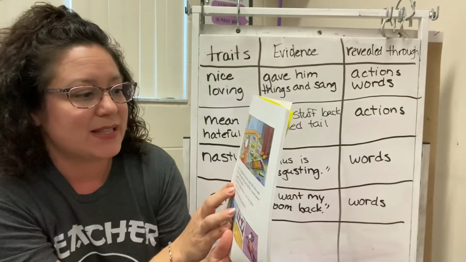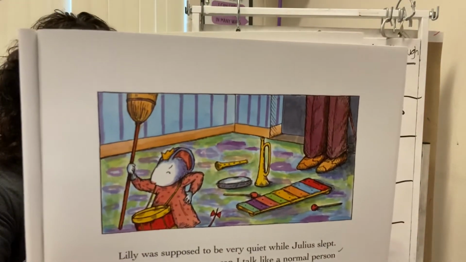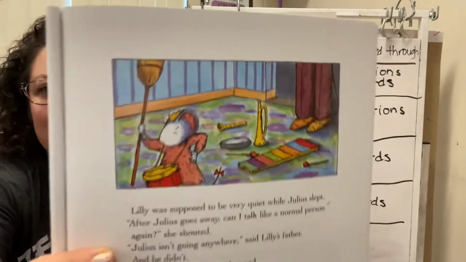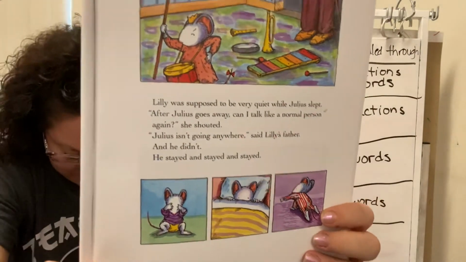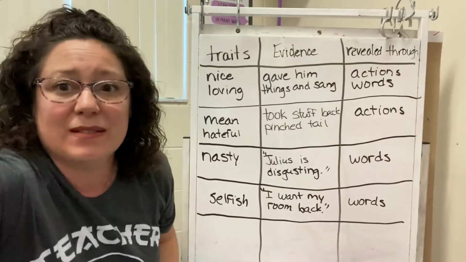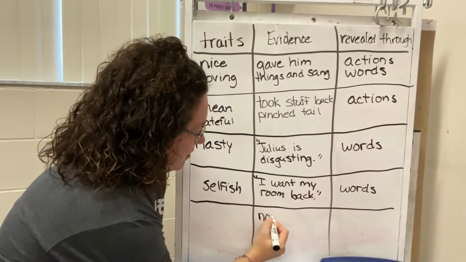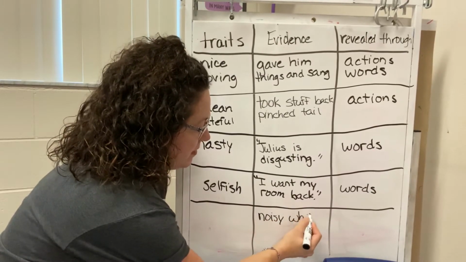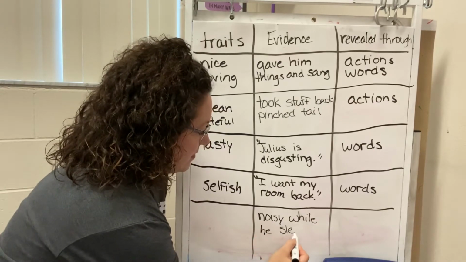So while he's sleeping, look at what she's doing. Are those quiet toys? No, sirree, they are not quiet toys. So what is she doing? She's being noisy while he slept, right? Noisy while he slept.